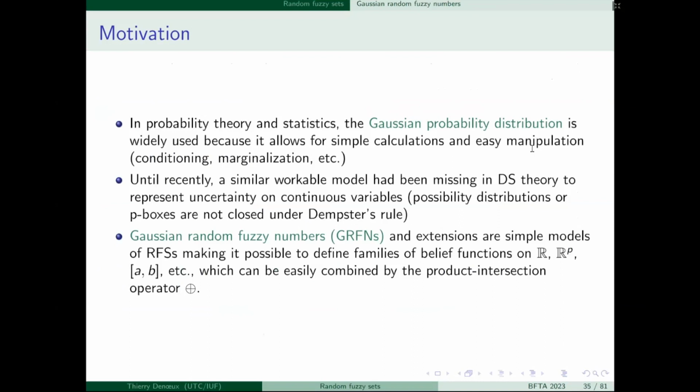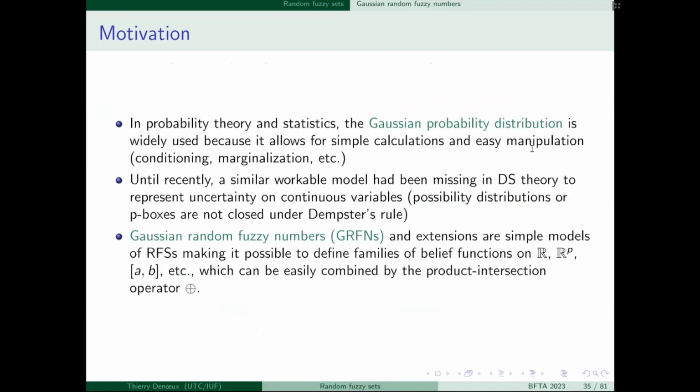And I will introduce now such a model, which I call the Gaussian random fuzzy number. This is a random fuzzy set model that will allow us to define belief functions on the real line, or on R to the p, or in the Euclidean space.